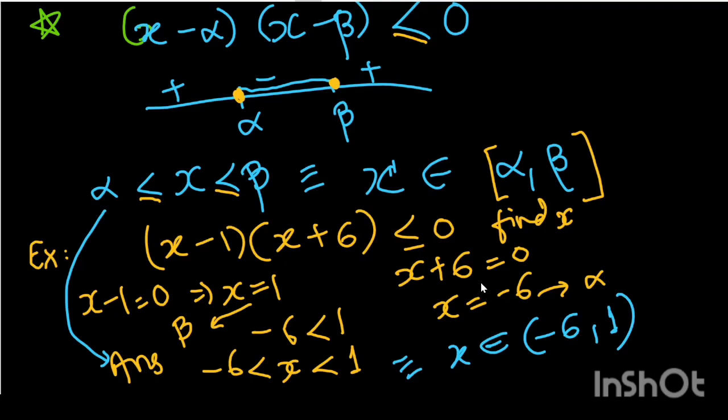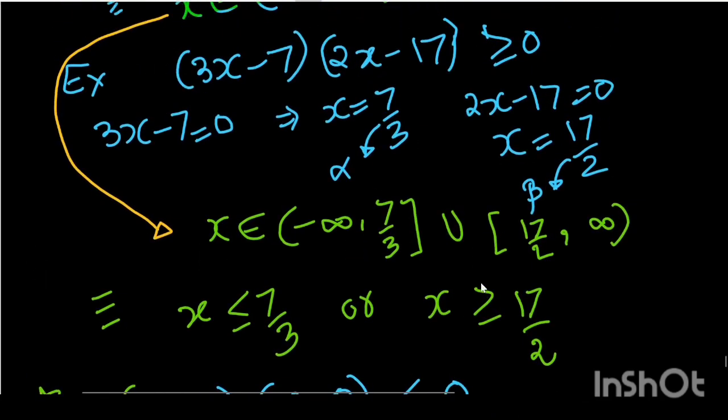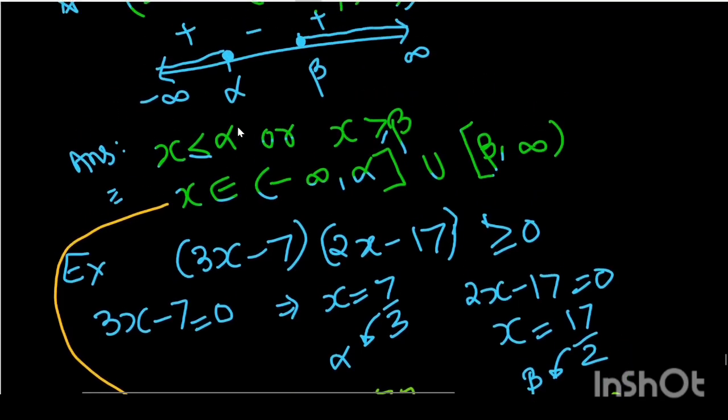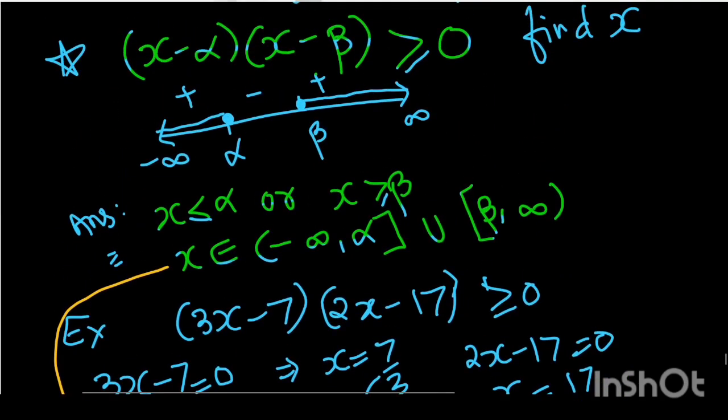Okay, so that way we can use. Now as you can see here in the formula, alpha x, the linear factors are given to be, the coefficient of x is 1 here, but in this example, the coefficient of x is not 1.